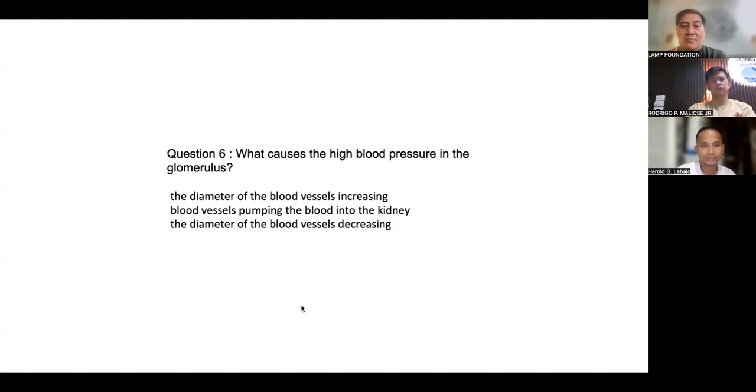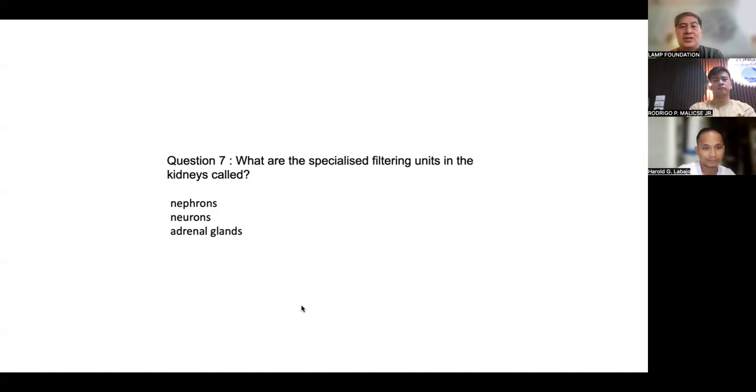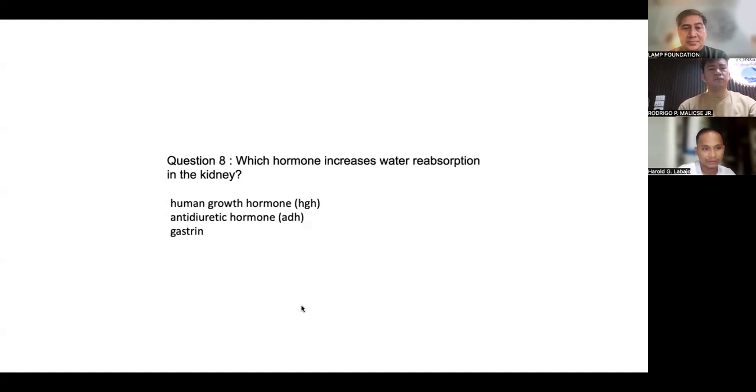What causes the high blood pressure in the glomerulus? The diameter of the blood vessels decreasing. What are the specialized filtering units in the kidneys called? Nephrons. Which hormone increases water reabsorption in the kidney? The antidiuretic hormone, ADH.